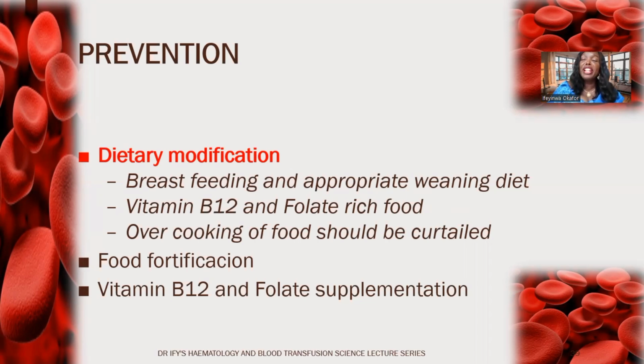Also, eat vitamin B12 and folate-rich food, and do not overcook our food, because folic acid or folate found in our food is labile and heat sensitive. So when we overcook our food, we tend to lose it. And then food fortification: various meals can be fortified with folate, which will also help to alleviate folate deficiency in the system.